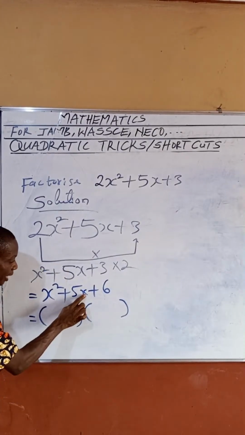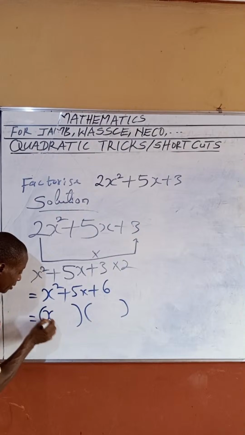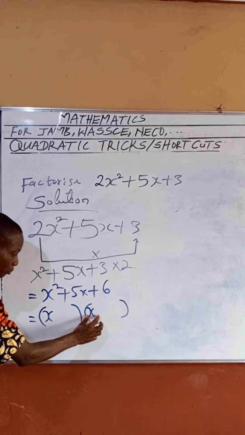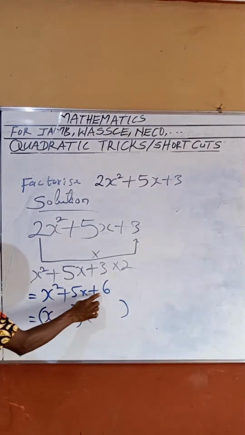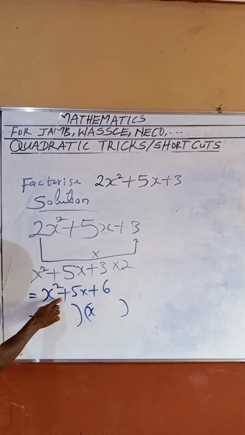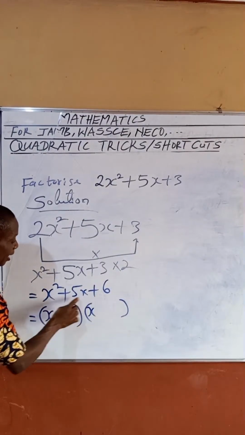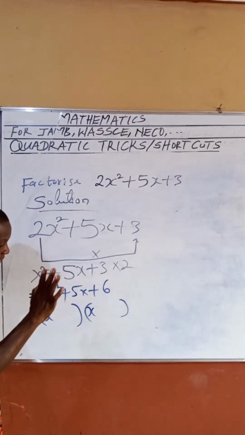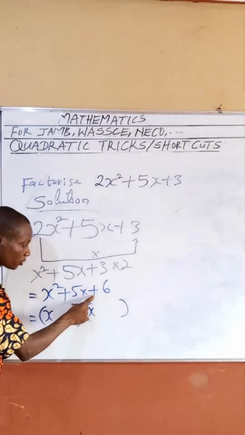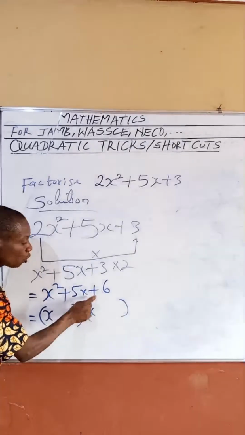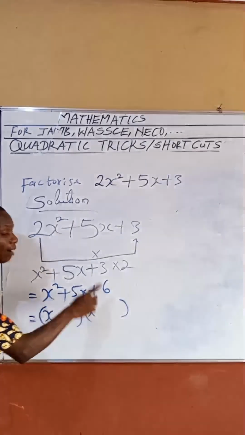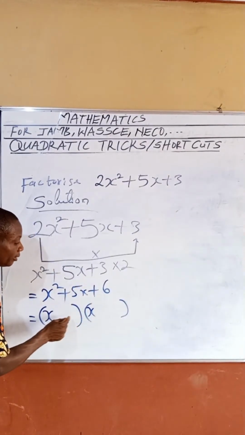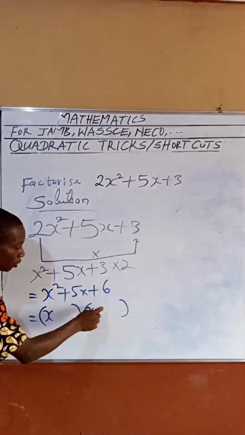This is x, right? Place your x here and here. We will now come here. This is plus, and this is plus. These 2 signs are giving us reasons. This plus shows that the 2 numbers we are going to put here have the same sign, but it didn't tell us whether it's minus minus or plus plus.